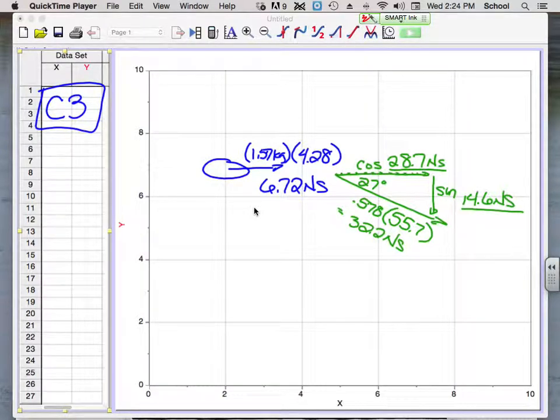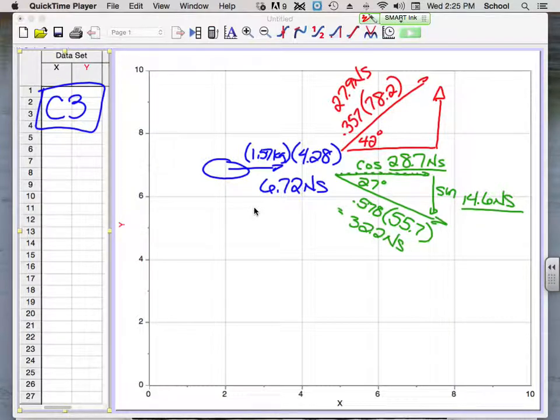Then we have chunk 2, and chunk 2 is flying 42 degrees to the left. Chunk 2 was 0.357, flying at 78.2, and you get 27.9.